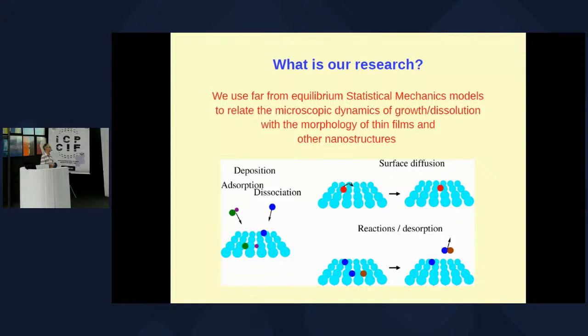So we focus on processes occurring on surfaces like the deposition of atoms or molecules, their adsorption, possibly their dissociation, like this molecule, which is dissociated in two atoms, the surface diffusion, which is the random motion of atoms or molecules on surfaces, and reactions that may occur between those adsorbed molecules, possibly the desorption of some molecules.